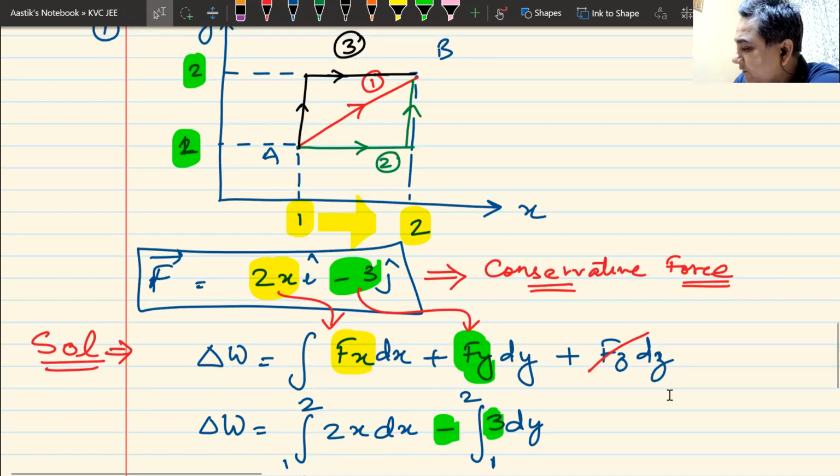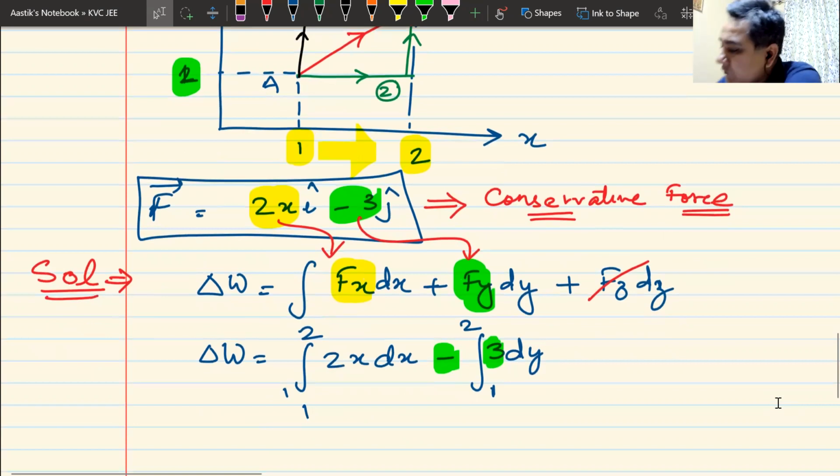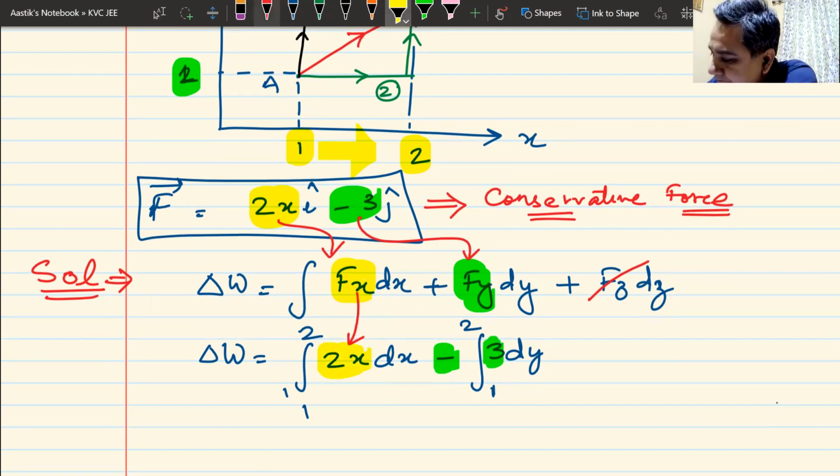So what I have done is I have just put the values of fx here, and I have integrated it. And I put the integral sign. I hope you understand this. Sir, explain this again. I put the values of fx, which is 2x, and I put the value of fy, which is minus 3, and I put it in the integral, nothing else. Clear?